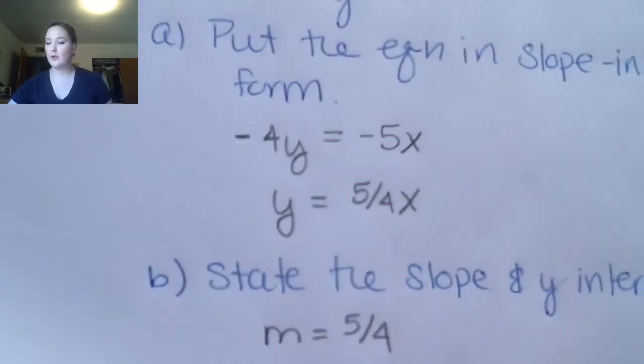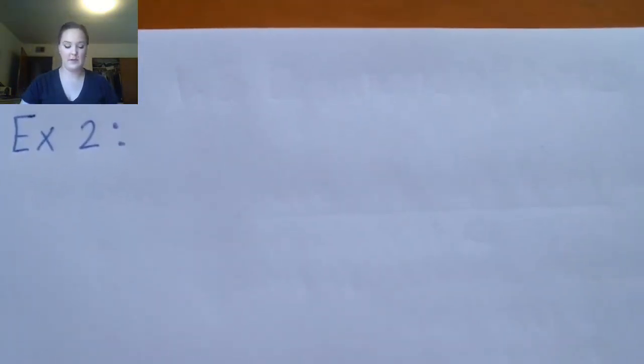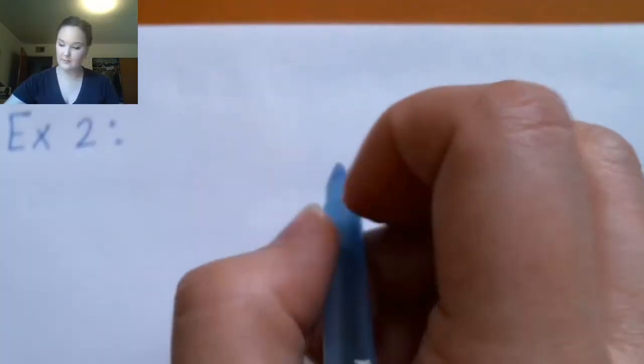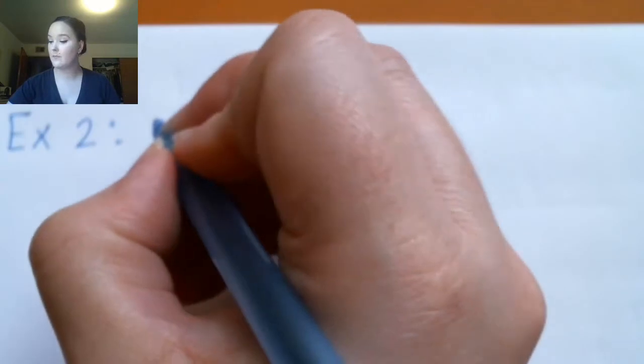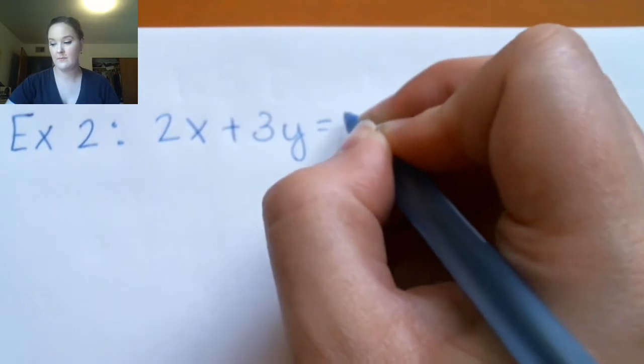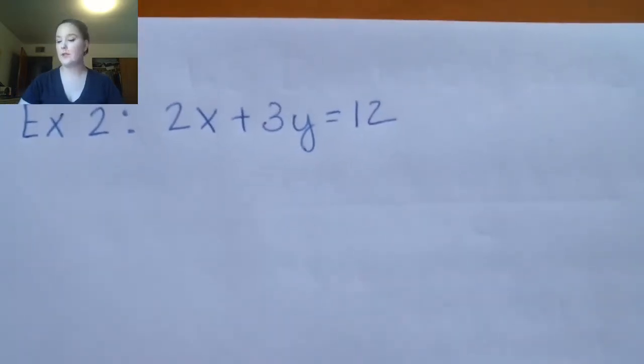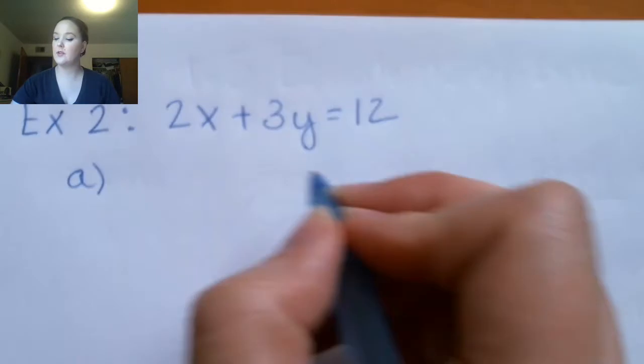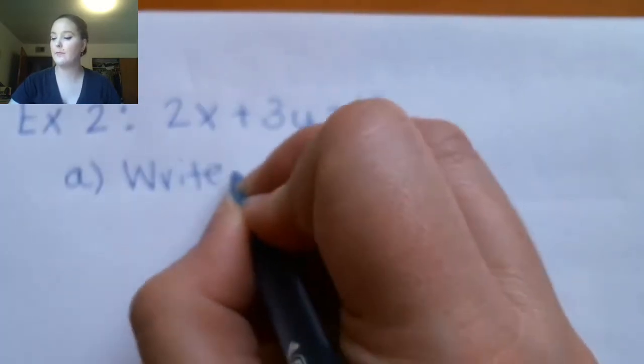Let's do one more example like that. Okay, so we're going to take the same parts as the previous example, so we're going to write in slope-intercept form.